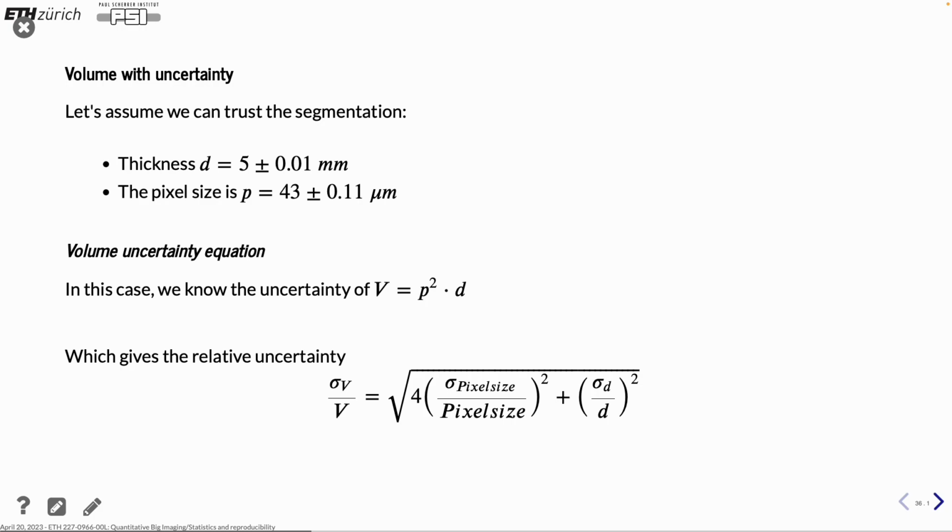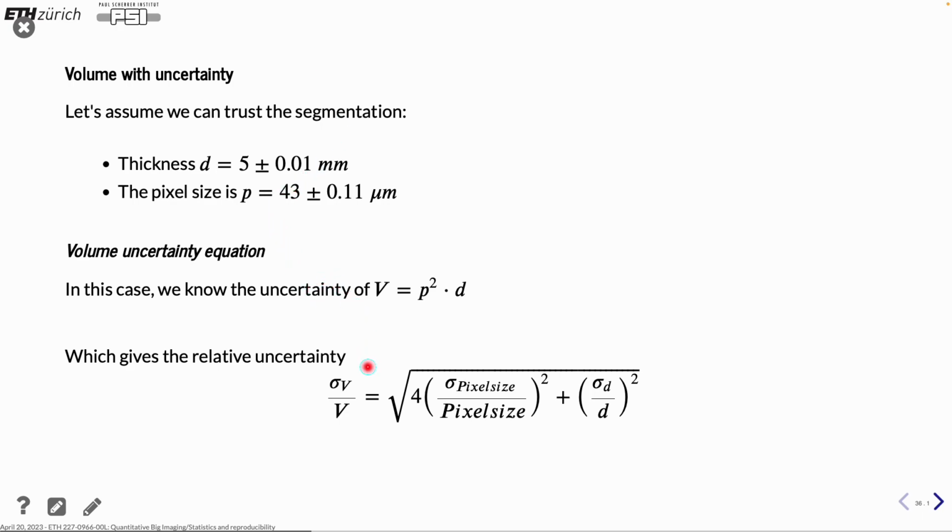So after some work, I came through that this is actually just a guess, so that's just a number I throw in here now. But anyway, the thickness of water I estimated is 5 plus minus 10 microns. And then we have the pixel size, which is this value that we had from before.